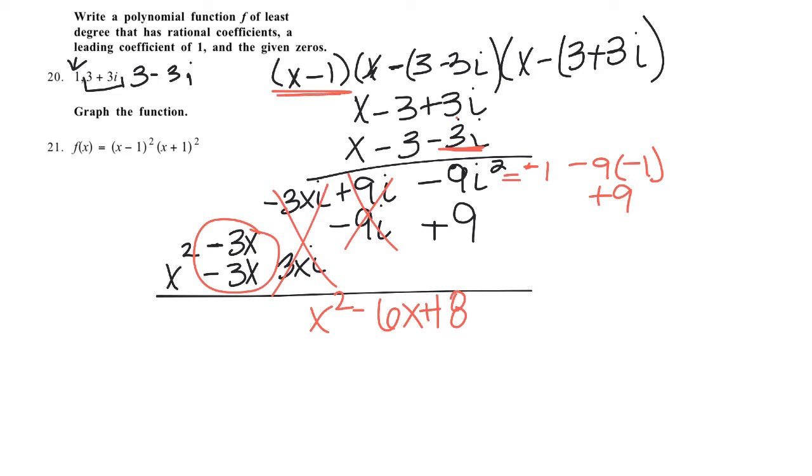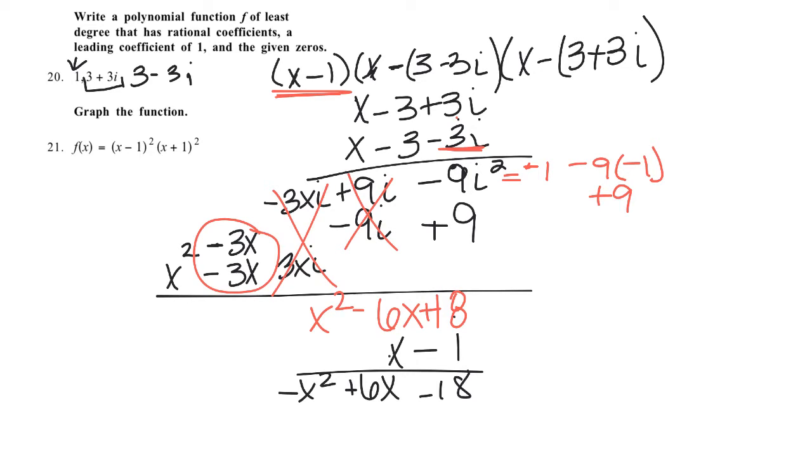Now we have to multiply by the x minus 1 factor. So we get negative 18. I get positive 6x, and I get negative x squared. Always multiply together your imaginary or your radical first, because then it turns out with no radical or imaginary coefficients.